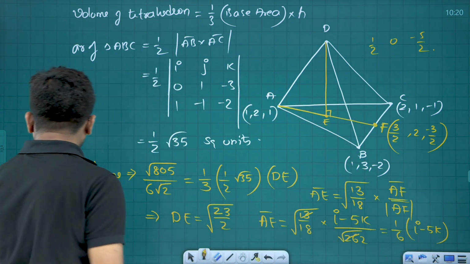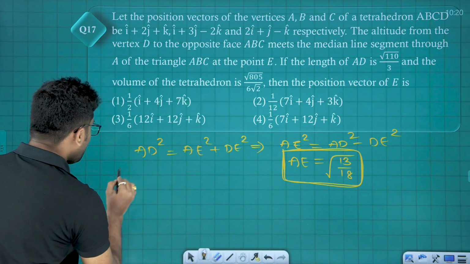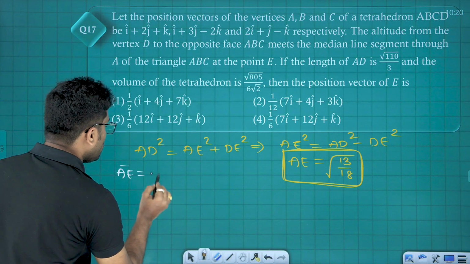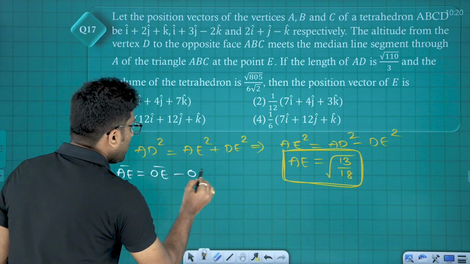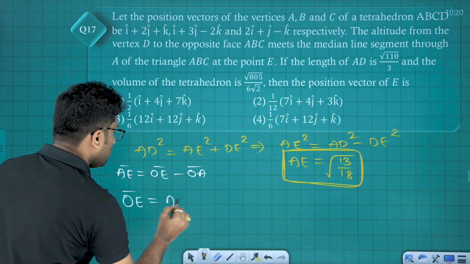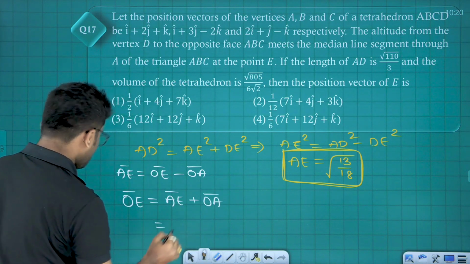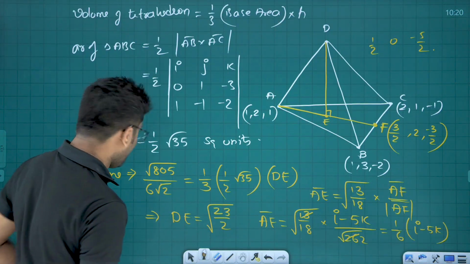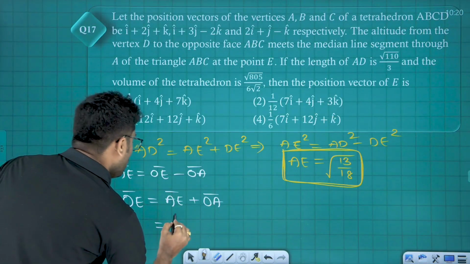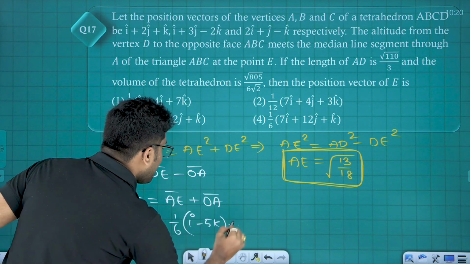Now we have got AE bar. We know AE bar is equal to OE bar minus OA bar, so OE bar is equal to AE bar plus OA bar. AE bar is 1 by 6 times (i minus 5k) plus OA bar.